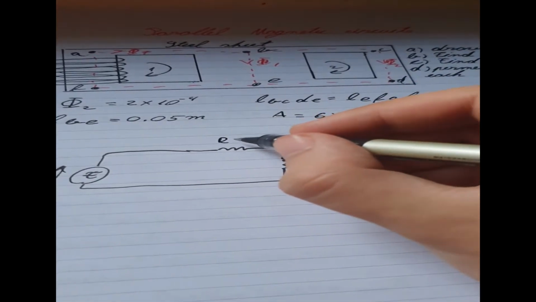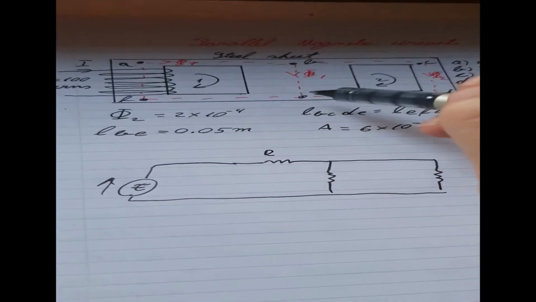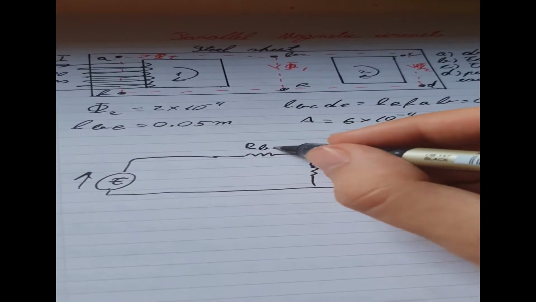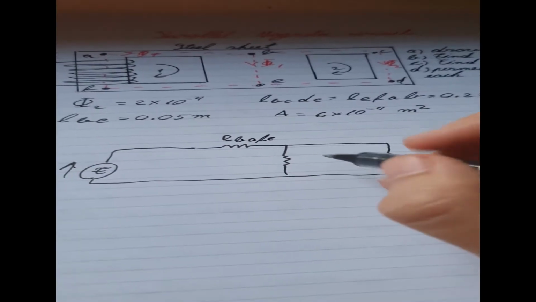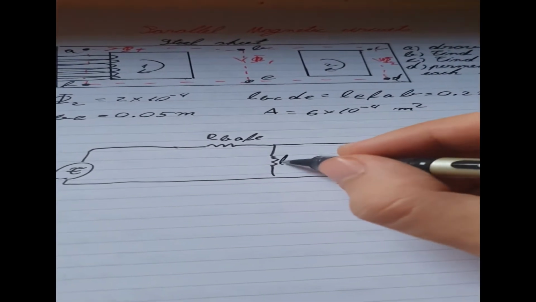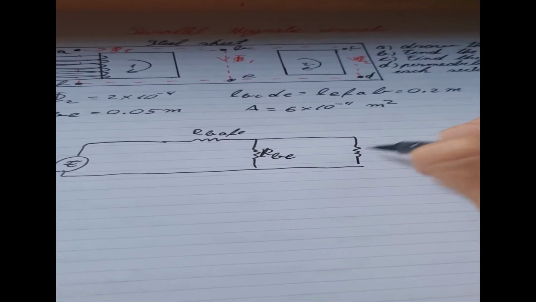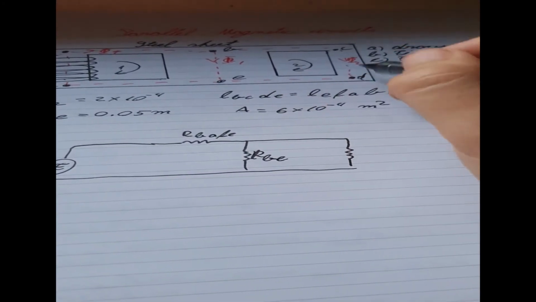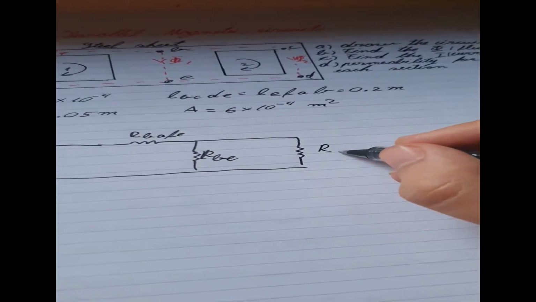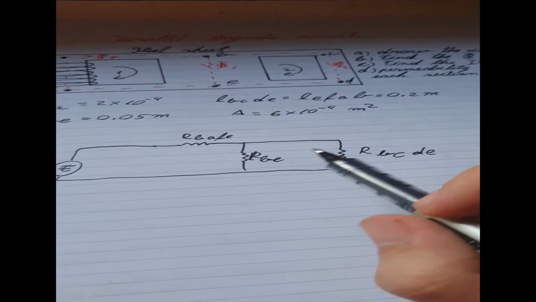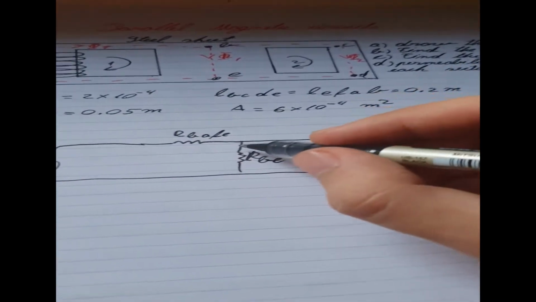This will be the reluctance inside this square here, inside BAFE. So BAFE, this one will be the reluctance simply R of B, A, F, E, and these other two will both be B, C, D, E. That will be the reluctance of B, C, D, E. And that's why they are different, because the flux will be different in each one of them.